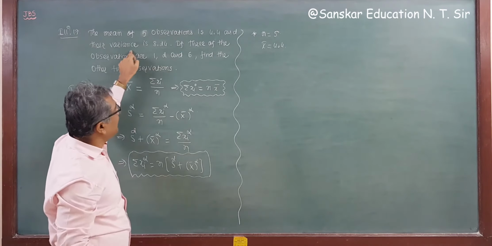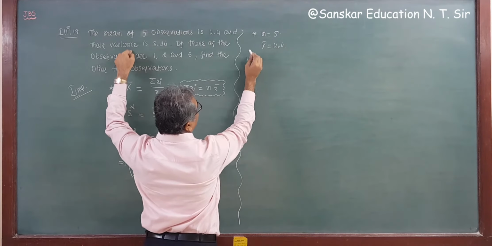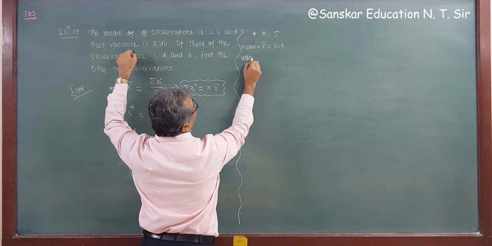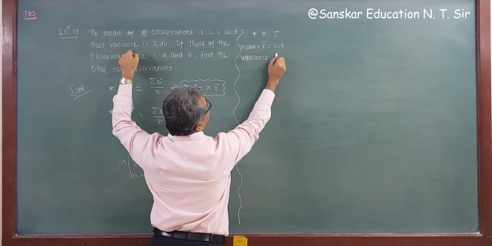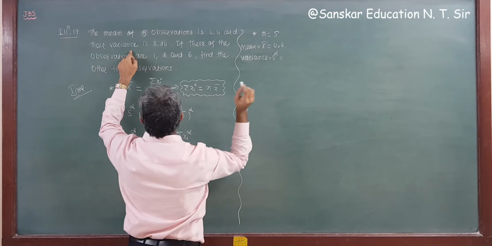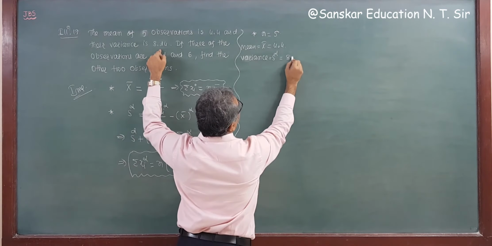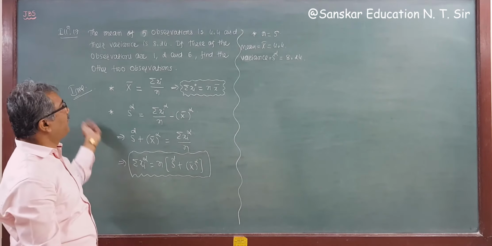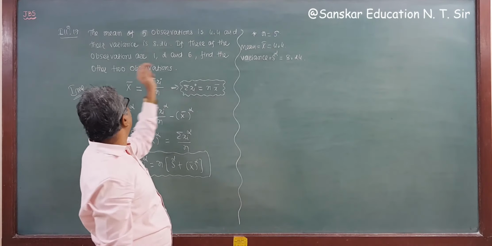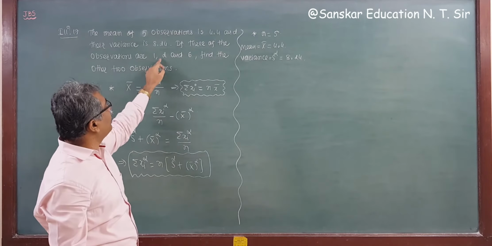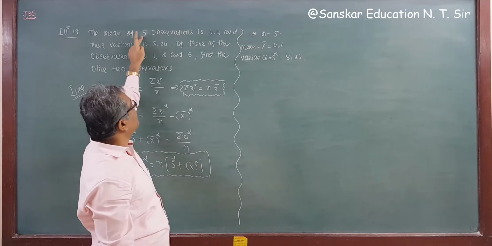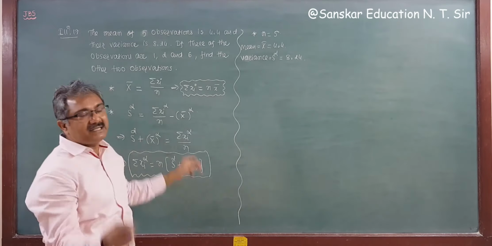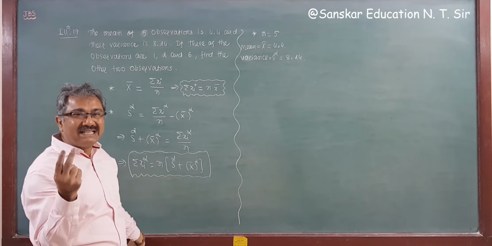The variance s square, or sigma square, whatever you want to write, is given as 8.24. If 3 of the observations are 1, 2 and 6, and we are given 5 observations, then 2 observations are missing, and we have to find these 2 missing observations.